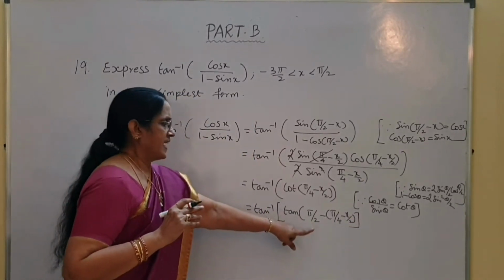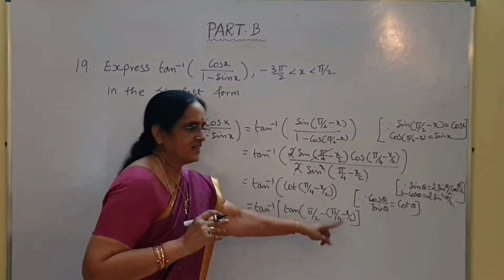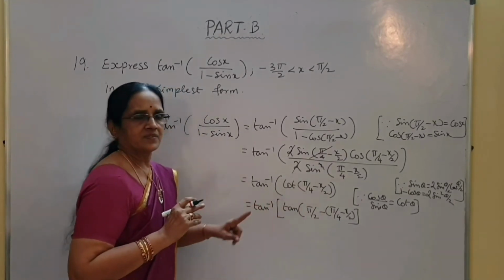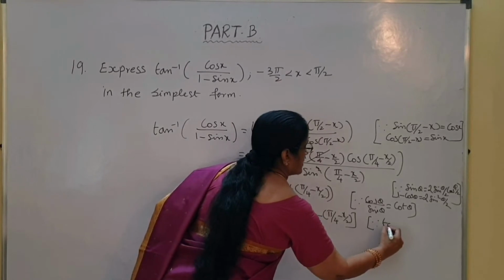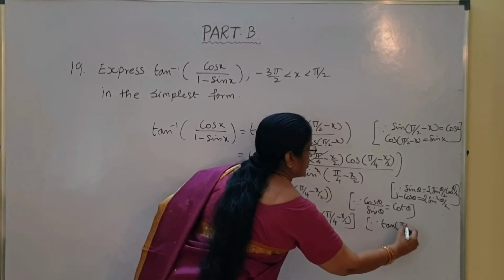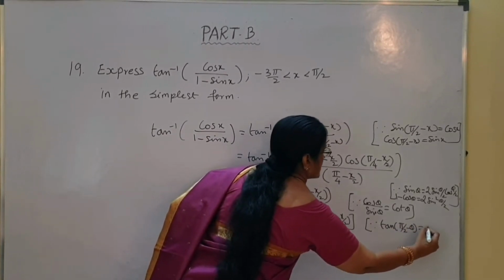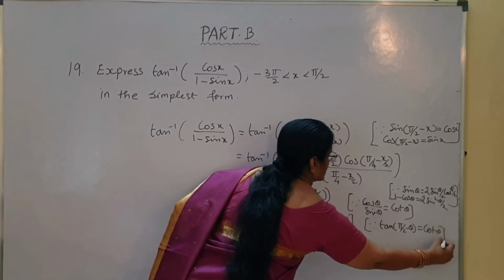Tan of 90 minus theta is cot theta. So let me write the reason here. Since tan of pi by 2 minus theta is equal to cot theta.